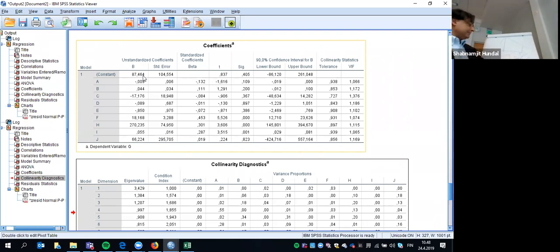It means what? If I measure advertisement and sales in 1,000 euros, what I'm trying to say here is that if you spend 1,000 euros on advertisement, your sales will increase by, what is 0.7 of 1,000? 700. Does it make sense?